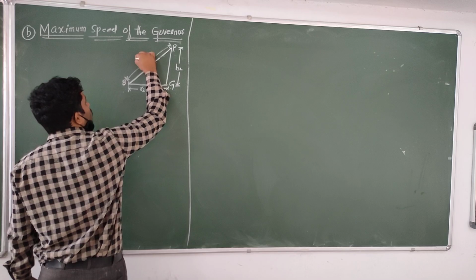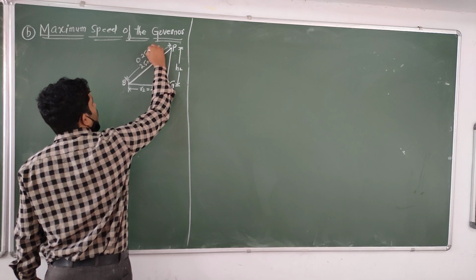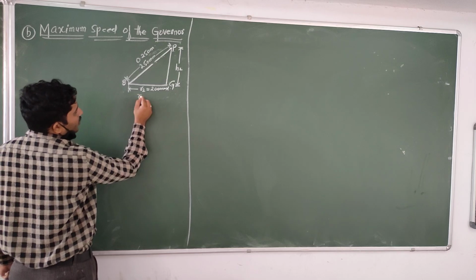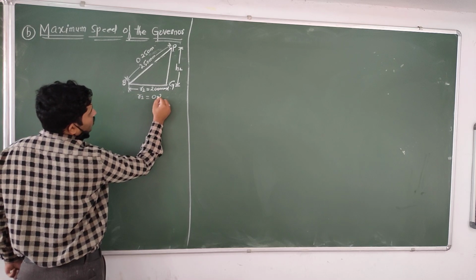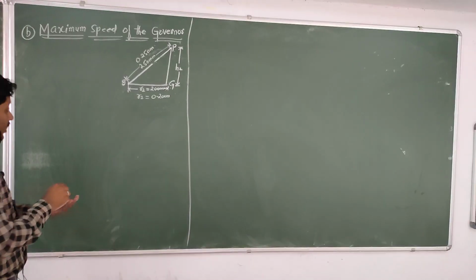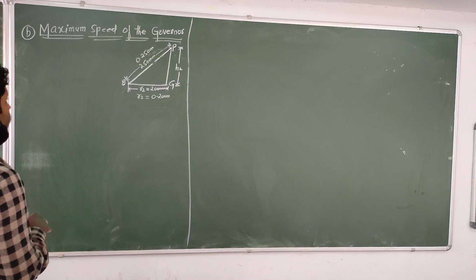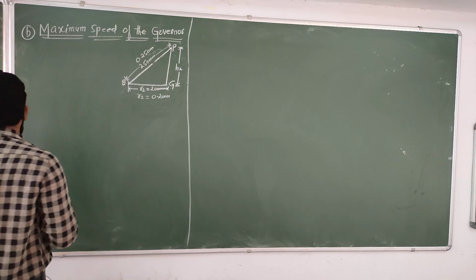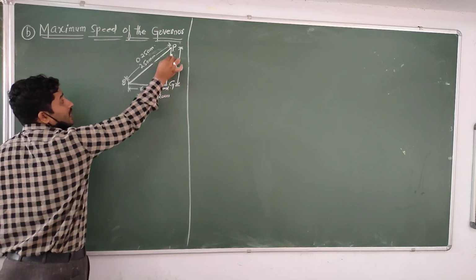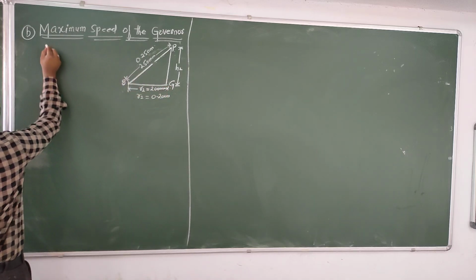It is represented as 0.250 meter, and R2 value is 0.200 meter. Okay dear. Then what we need to find out? We need to find out the value of H2. Is it right?